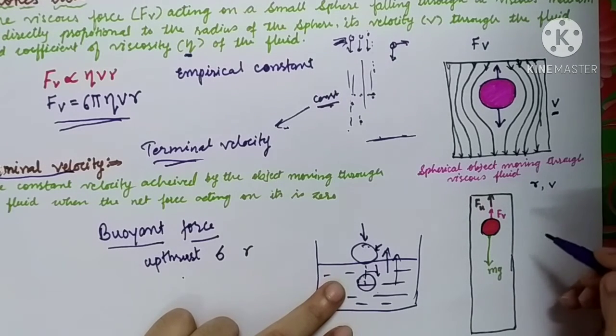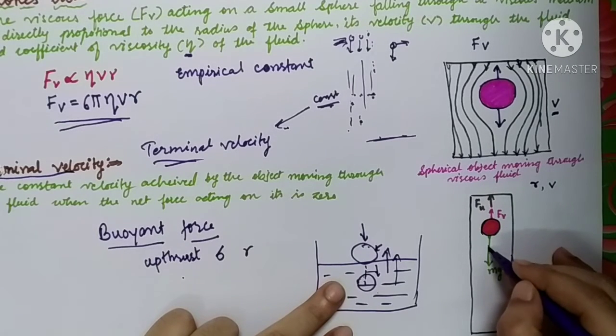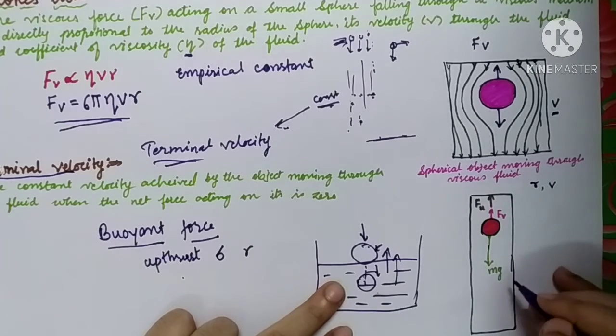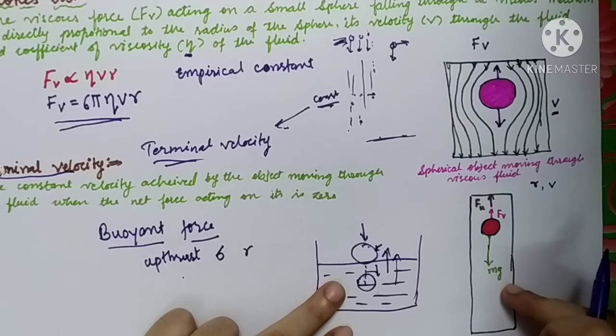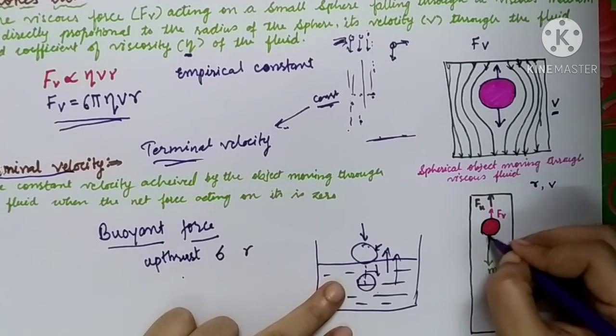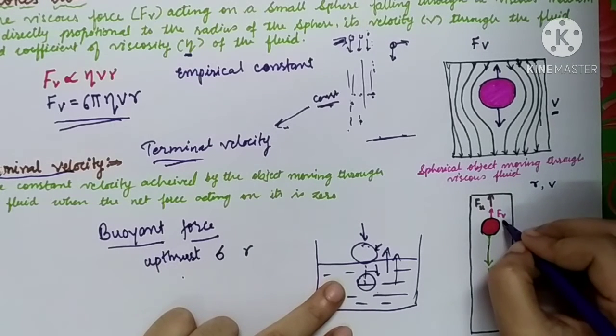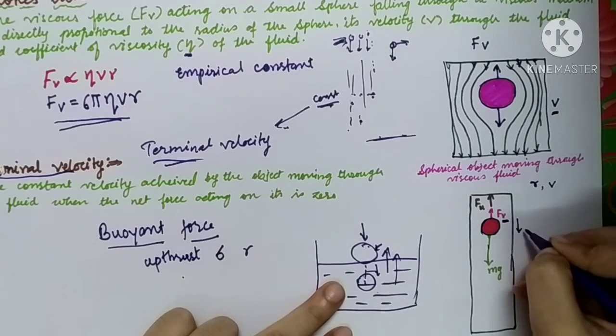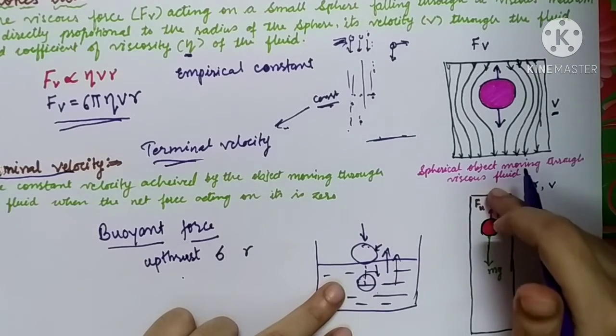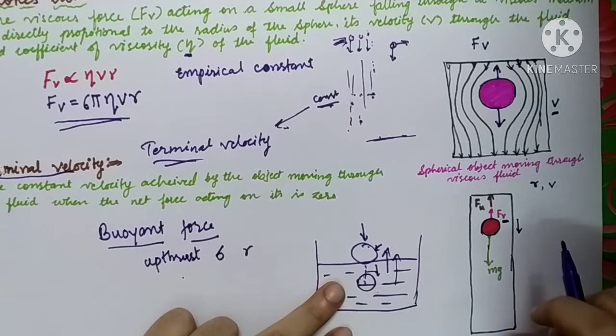So what are the forces experienced by this spherical object? The very first force that will come to our mind is the downward force acting on the object, which is nothing but the force due to gravity, mg. It is directed in a downward direction. Similarly, as this sphere is moving inside a viscous fluid, it will experience a viscous drag. As the object is moving in a downward direction, the viscous drag will be directed in an upward direction.